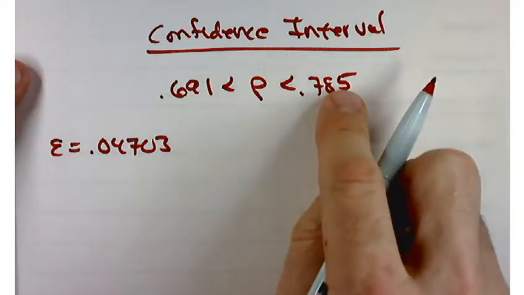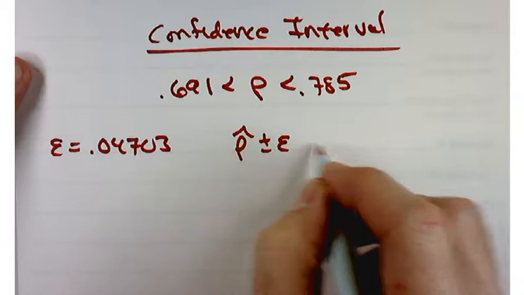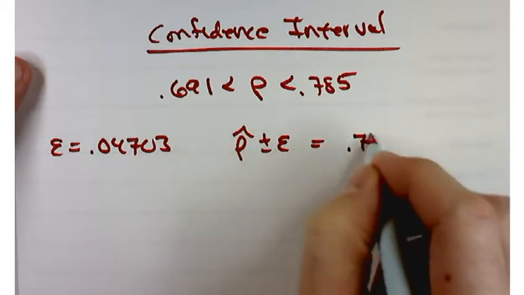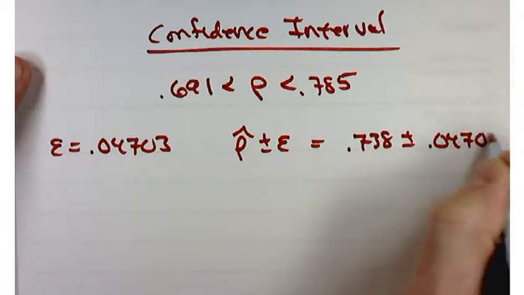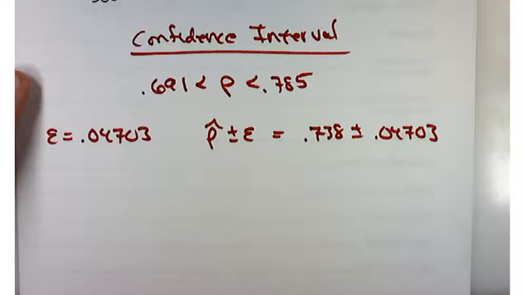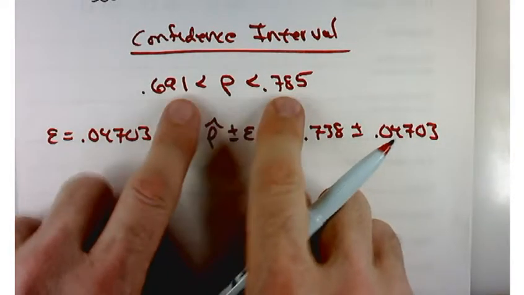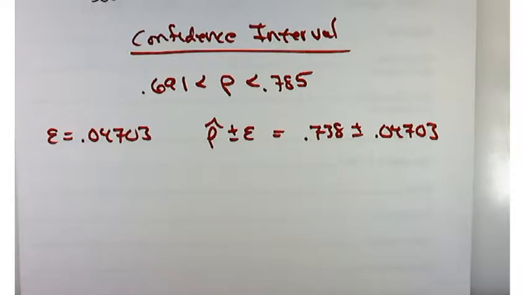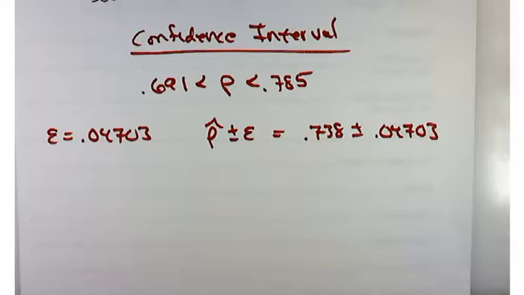Instead of writing the confidence interval, I could write it as p hat plus or minus E, which would be 0.738 plus or minus 0.04703. And if you did this plus this and this minus this, you should get these two values right here. So far, so good on problem number 18 here?